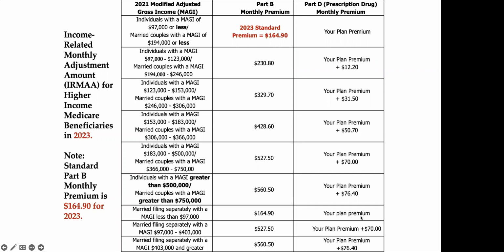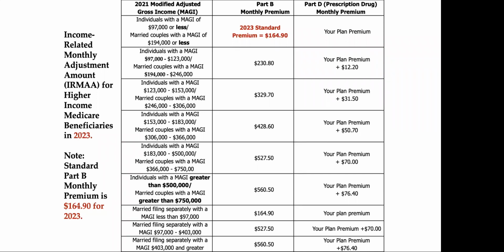Now, for a certain number of people, while they're working, their income is typically a lot higher than when they retire. And sometimes they get caught where they become Medicare eligible, and yet the Social Security Administration is looking 2 years back, and they're saying that they owe these extra premium amounts because when they were working, their income was higher.